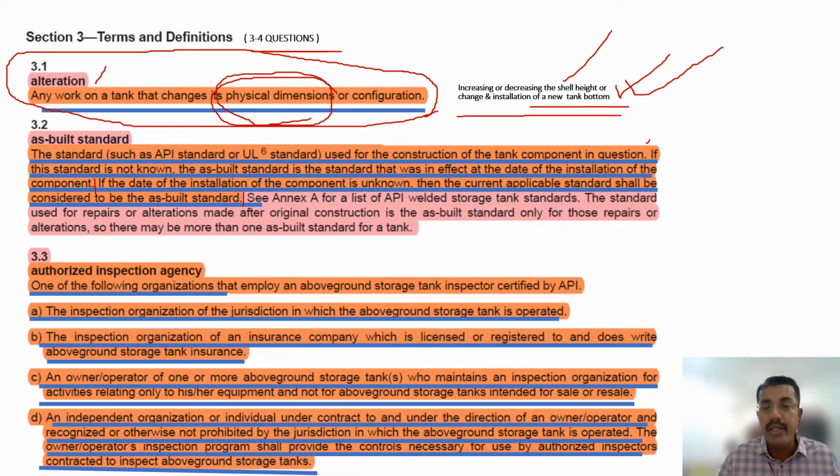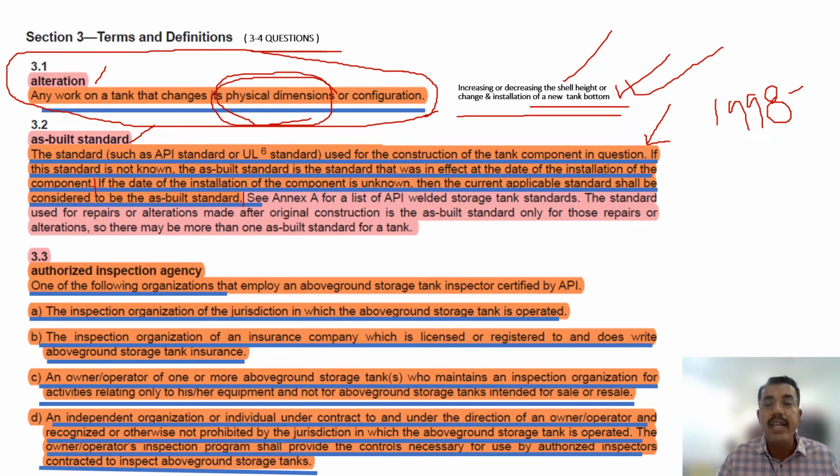Whatever standards were used during the construction, we call it as-built standard. If this standard is not known, the as-built standard is the standard that was in effect at the date of installation. Let's say in 1998, there is one tank installed as per the API standard of that time. So we call that API standard the as-built standard.